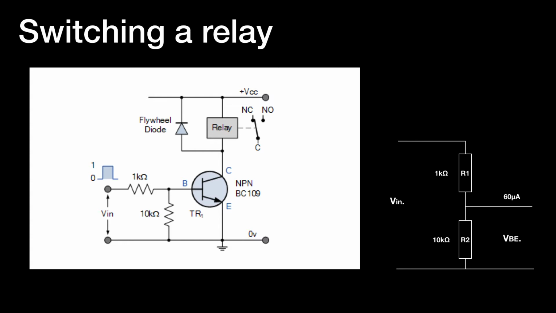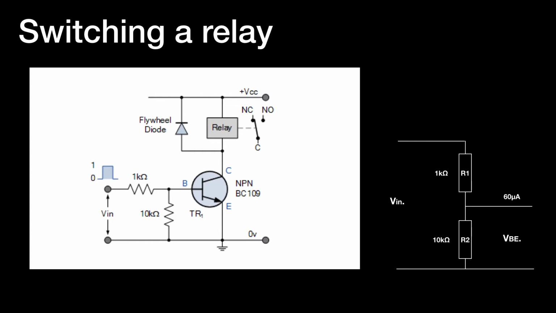Now let's take a moment to look at a practical example of a transistor switching a relay. If we had a small voltage that wasn't able to provide enough current to switch a relay, then we might use a transistor to provide that current.